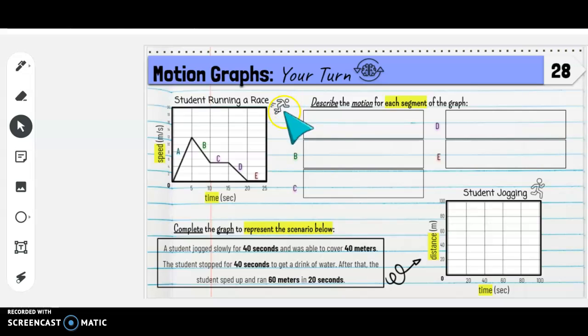Looking at segment A, I see this line going straight up. And again, the line is telling me what's happening to the speed. So this shows me in segment A, the student is speeding up. And the vocab term we use for that is accelerating.